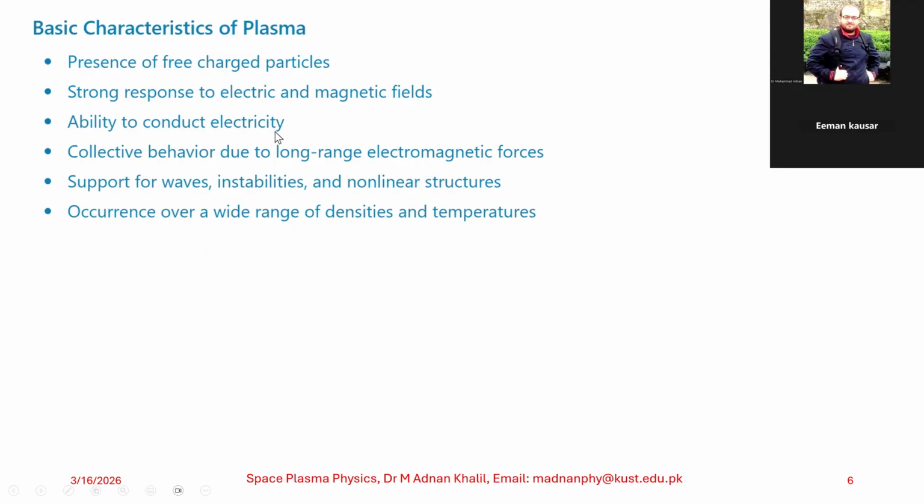Third, the ability to conduct electricity: since charged particles can be manipulated by electric and magnetic fields, this gives rise to electricity, and we'll talk about electric conductivity and related terms.